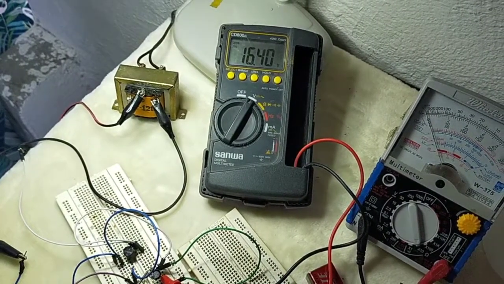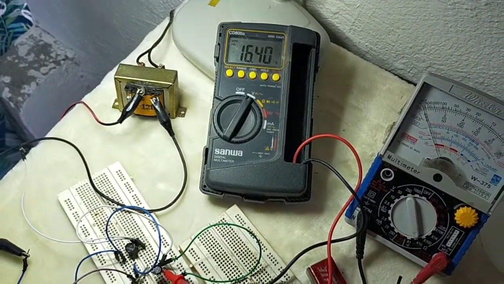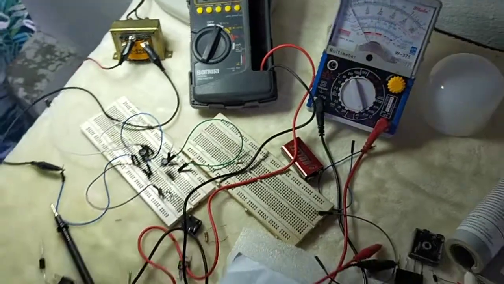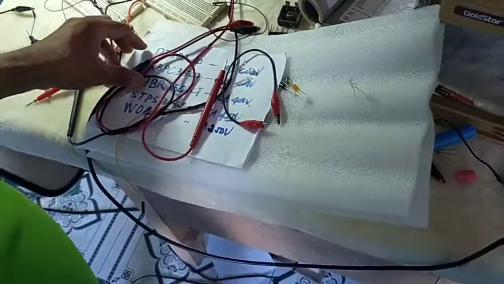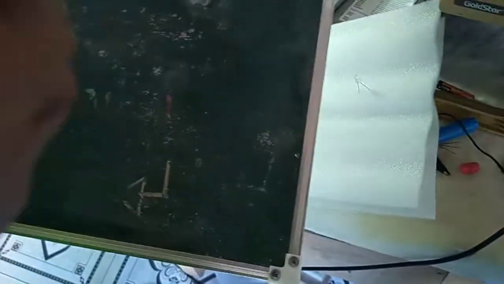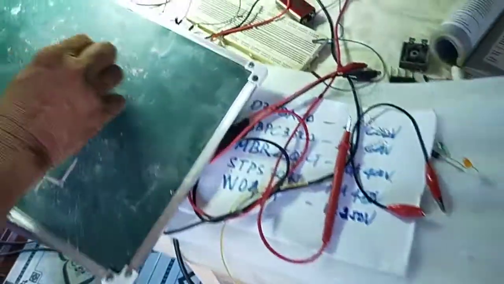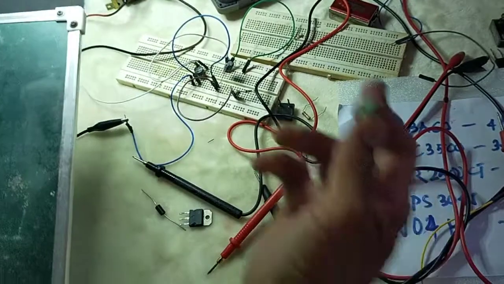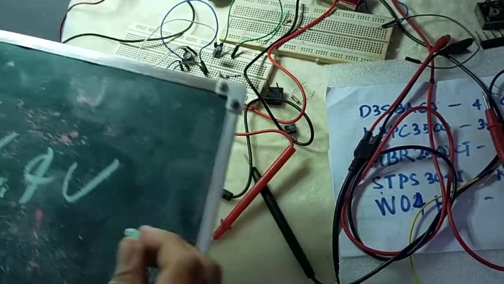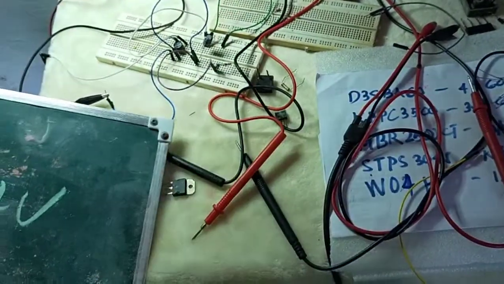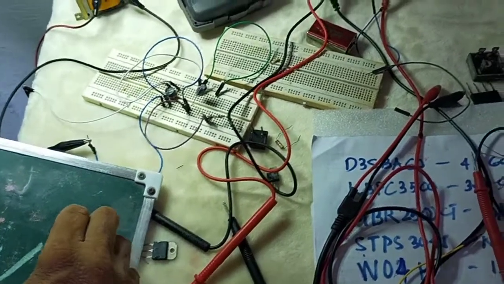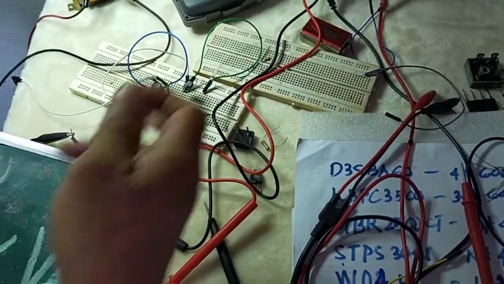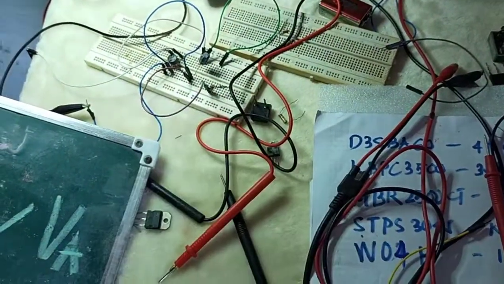The voltage is 16.4 volts. This is the output voltage from this rectifier circuit right across this capacitor. So we call it the applied voltage to this light emitting diode.